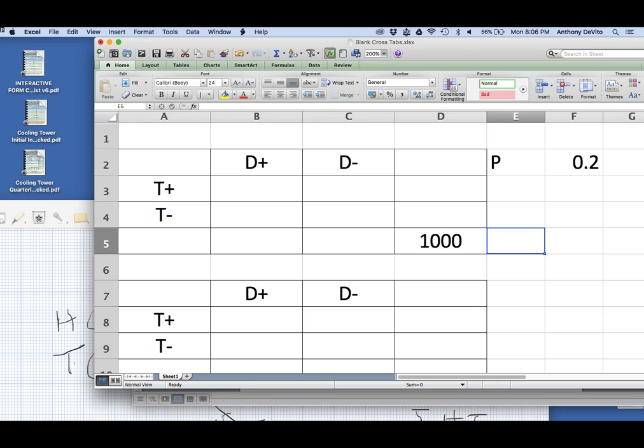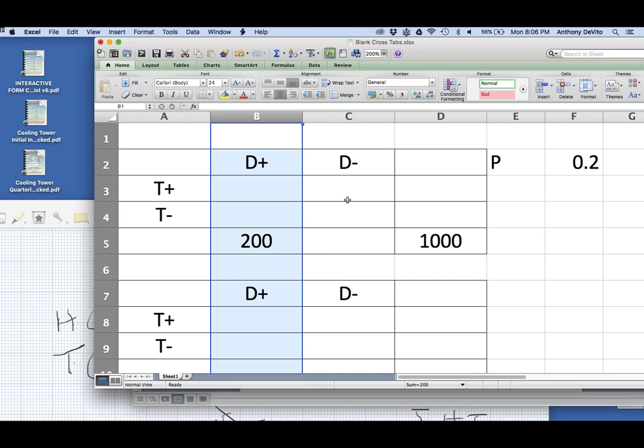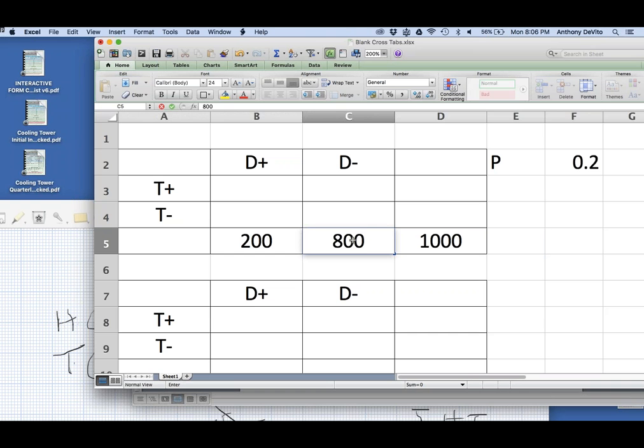In a population of 1,000 people, if the prevalence is 20%, how many of those people would I expect to have that condition? 20% of them, right? 200 people. I would expect 200 people out of 1,000 to have that condition. How many wouldn't have the condition? 800, right? Pretty straightforward. Let's say I apply this diagnostic test to this population.